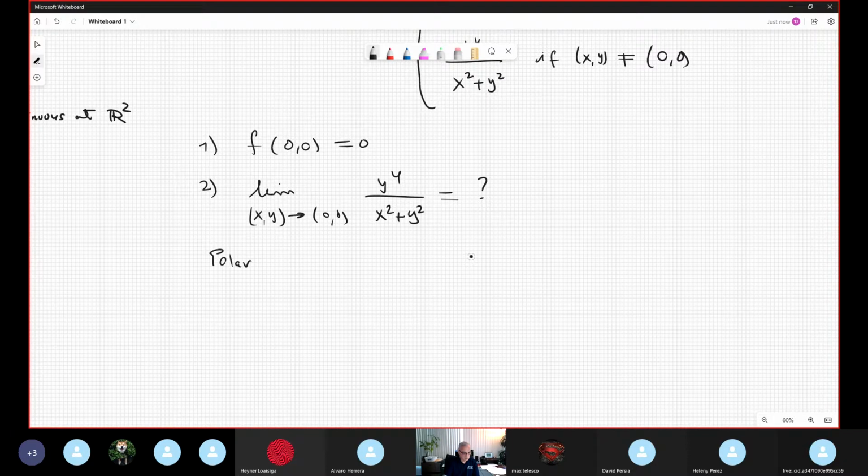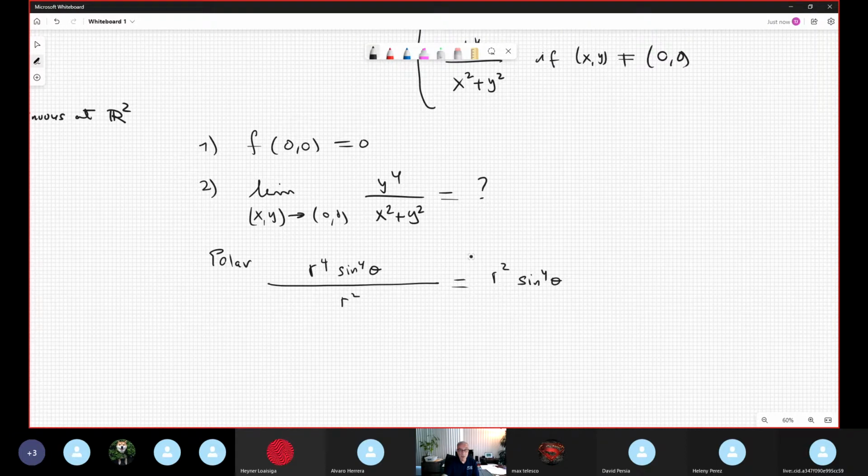Why not? Substitution: this is r to the 4 sine to the 4 power theta, divided by r squared. Oh, this is r squared. Use simplification, so r squared sine to the 4 power theta.